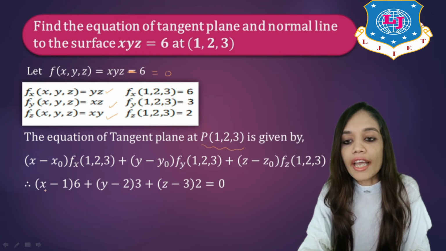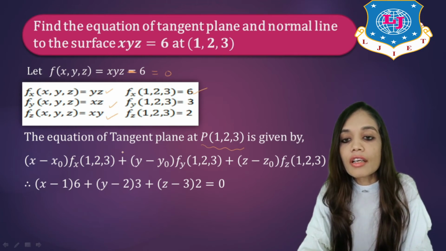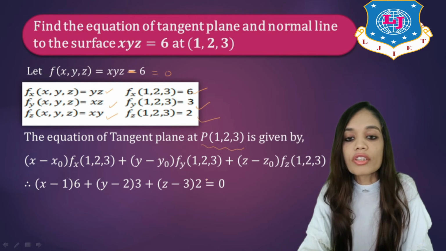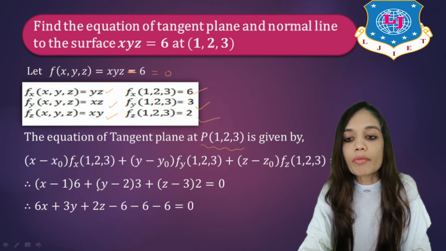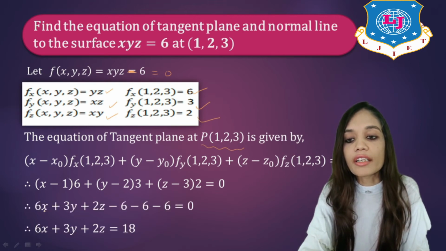So we will get (x minus 1) into 6 because fx is 6, plus (y minus 2) into 3 plus (z minus 3) into 2 is equal to 0. Simplify by opening the bracket. So you will get 6x plus 3y plus 2z is equal to 18. So this is our equation of tangent plane.